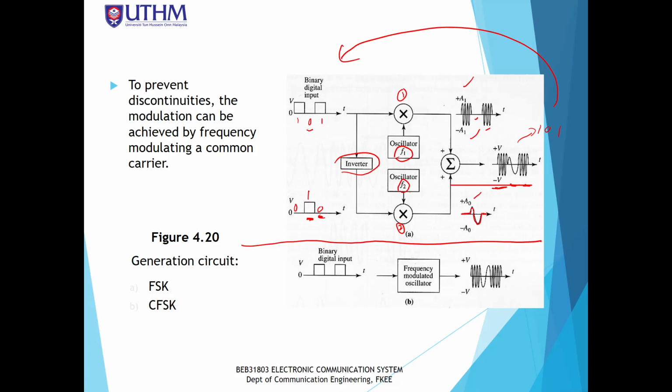The picture below is similar to the picture above. This is only a single block diagram using a frequency modulated oscillator, where we have different kinds of circuits. From here it is logic 1, logic 0, logic 1, so you produce a high frequency, low frequency, high frequency. This is the FSK.